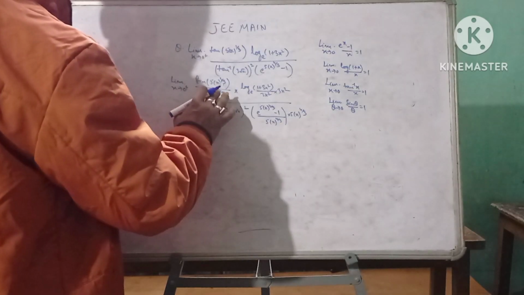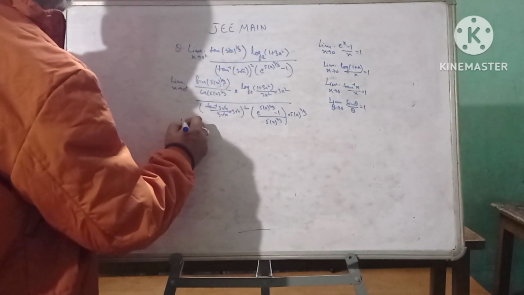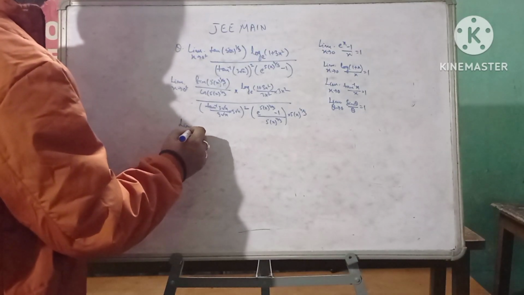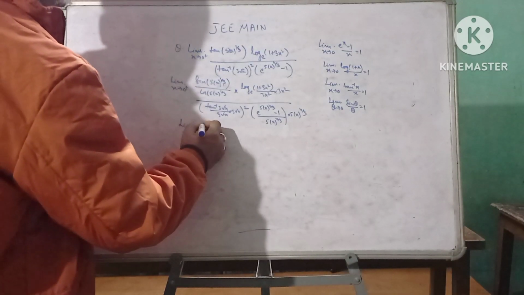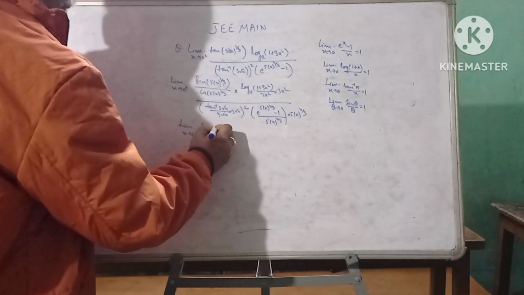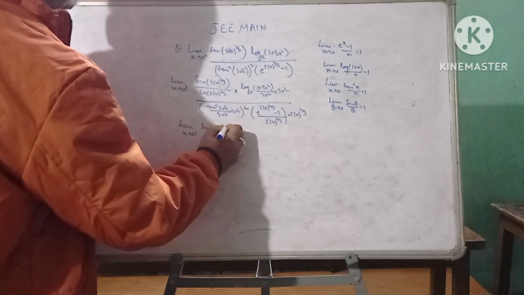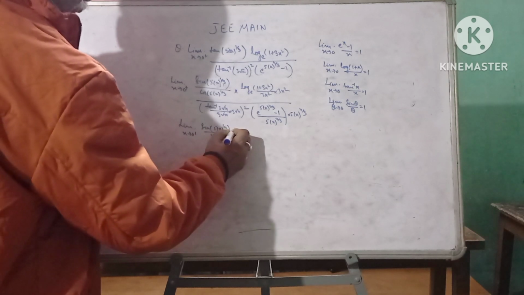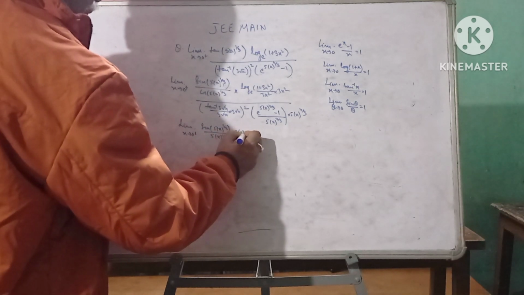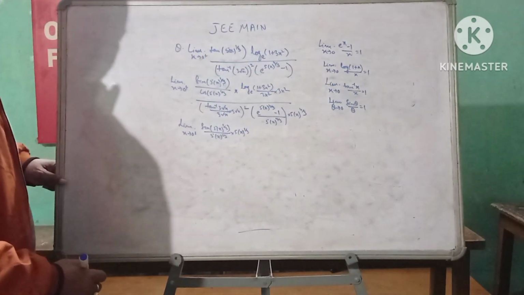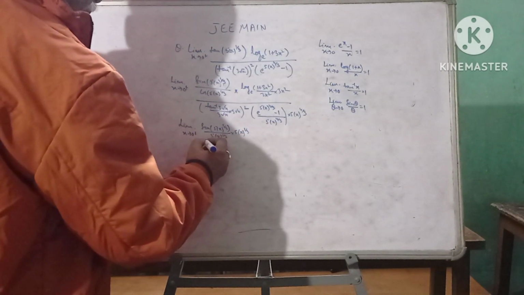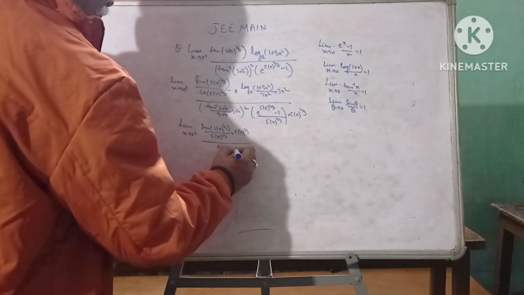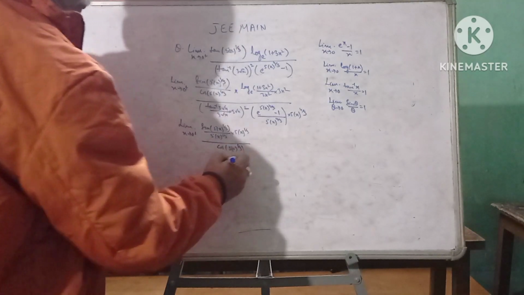Let me write one more line, that is limit x tends to 0 plus, so here this is sine 5x to the power of 1 by 3 by 5x to the power of 1 by 3 into 5x to the power of 1 by 3. And now here by cos 5x to the power of 1 by 3 here.